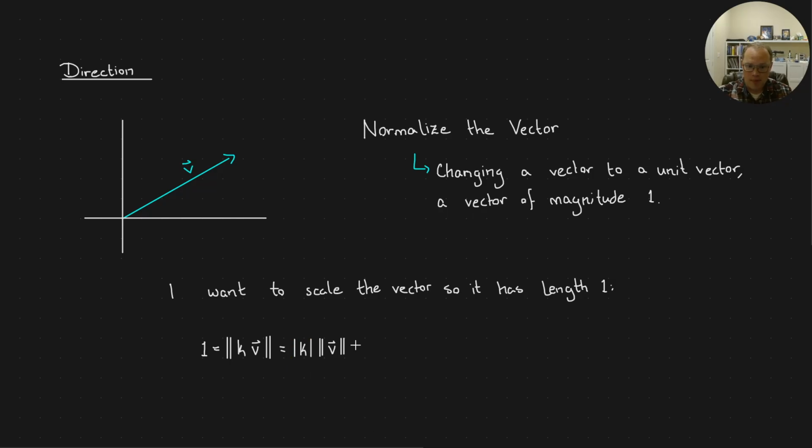So we could drop the absolute values because we already know the k we want is positive. So if we can find that k, we can figure out how we can scale a vector to change it into a unit vector, how to normalize it. So let's just solve for that k now. Divide both sides by the norm of the vector, by the length of the vector.